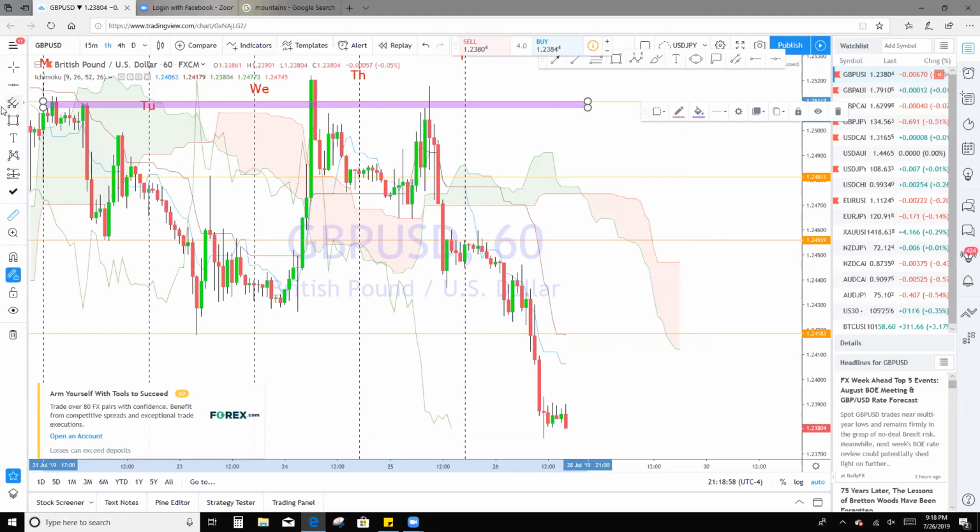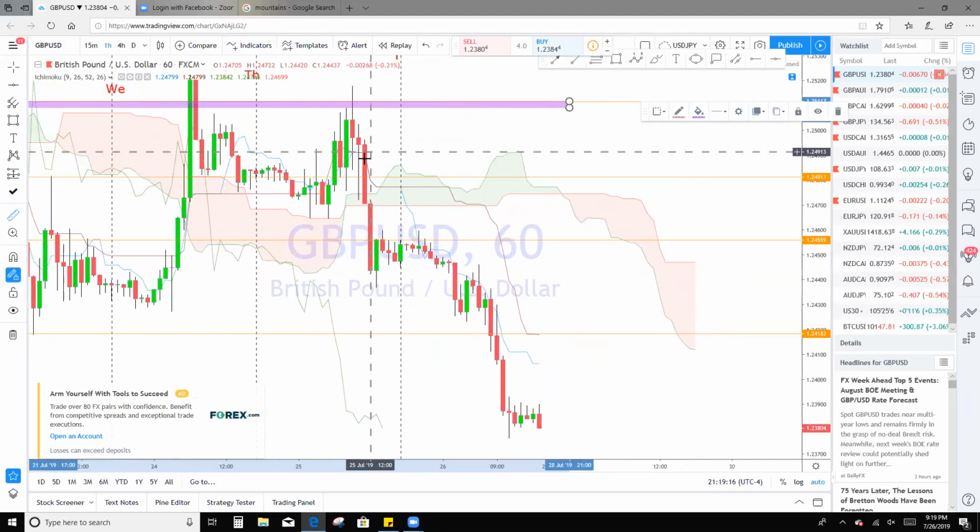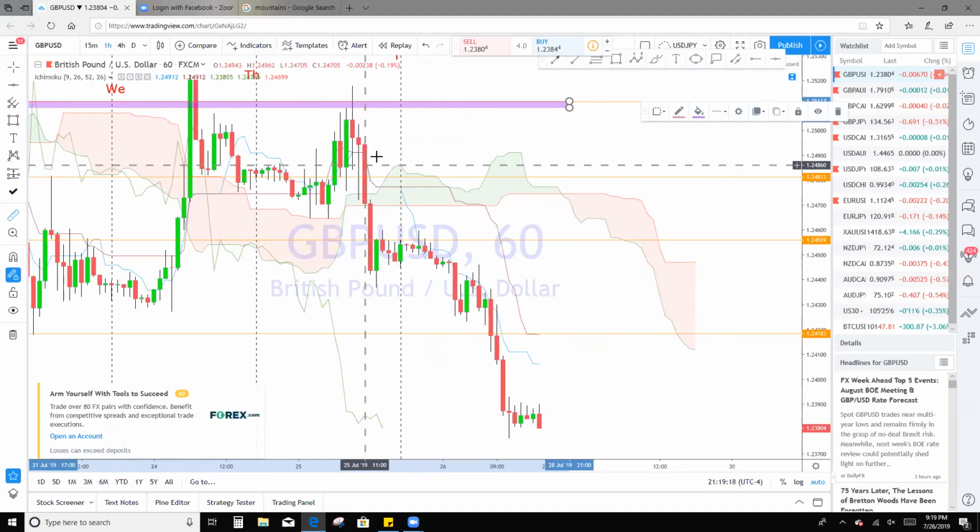Look how you guys could have done that, and look how it goes with the cloud. Look how the web analyzer was able to identify that TK crossover. Look how it was able to identify that move.